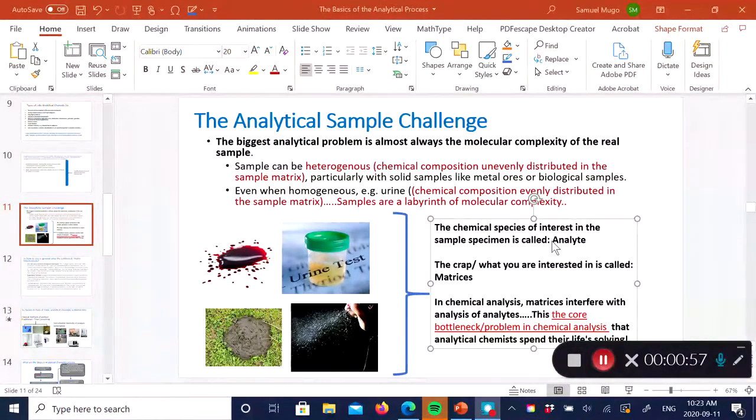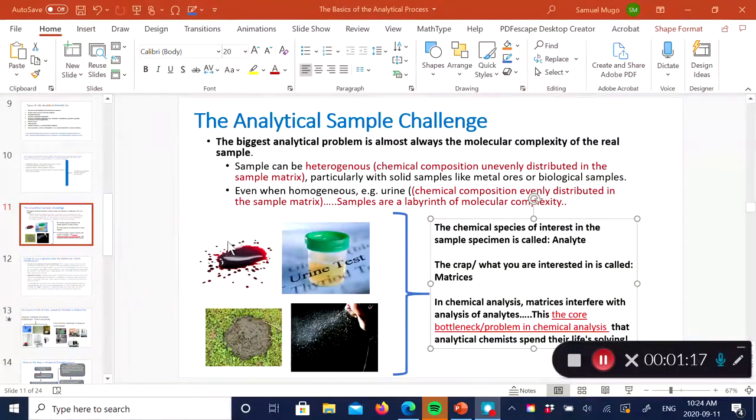Now the challenge is, in almost all cases, the matrices tend to get in the way and interfere with your detection of the analyte. Even more complex is the fact that in most cases, the samples that you're dealing with are fairly heterogeneous.